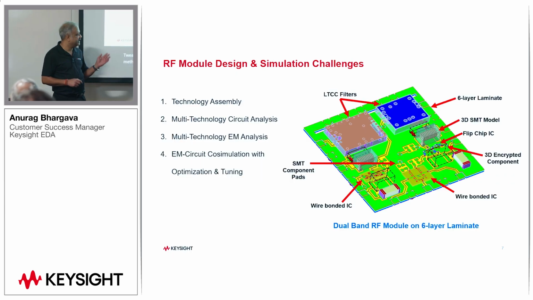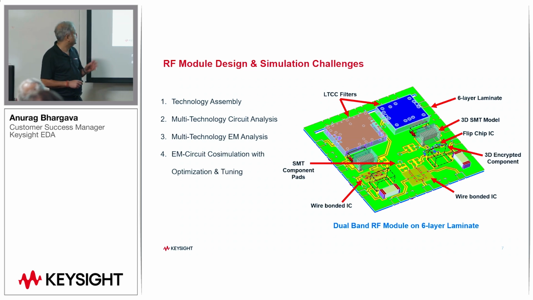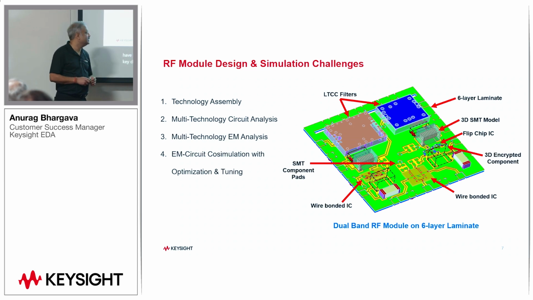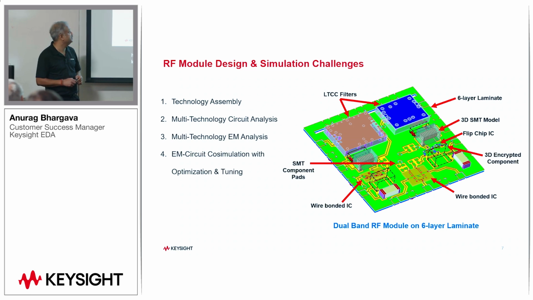So as I said, the case study I have here is a typical dual band module, and we will go through 4 of the key challenges. There are more challenges, but due to time available, we'll focus on 4 key challenges.